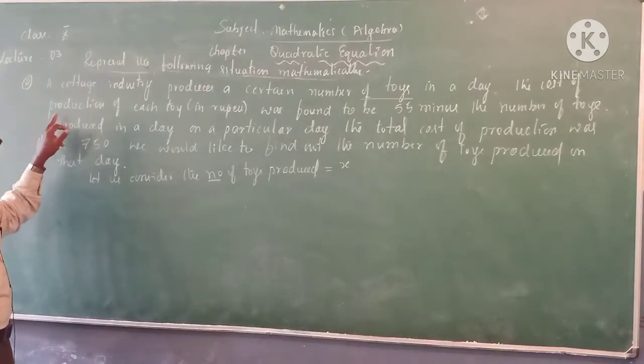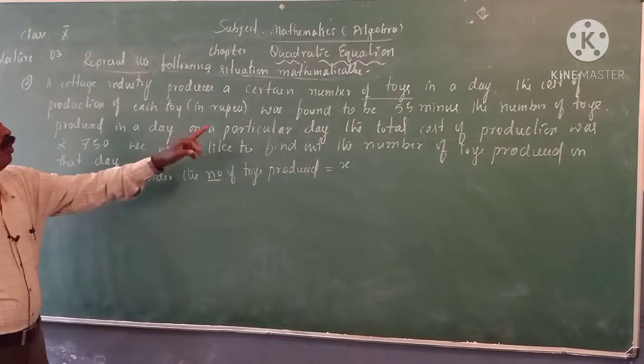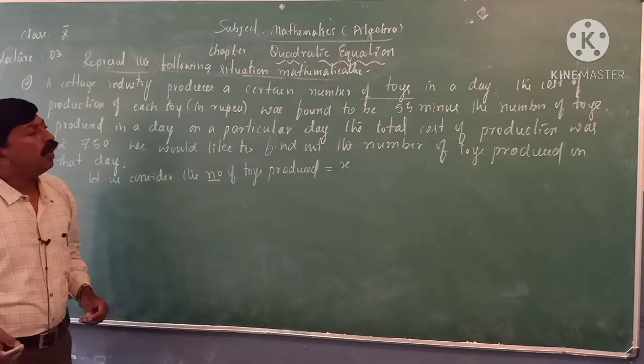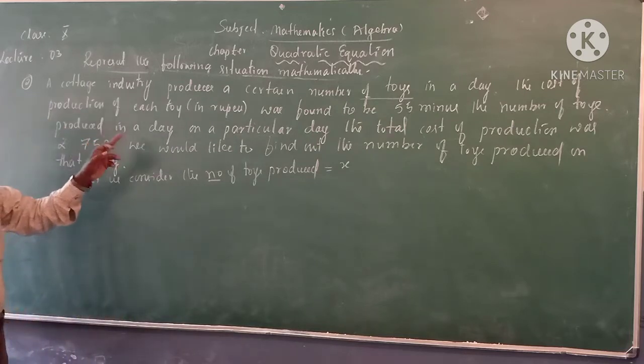Now, the cost of production of each toy was found to be 55 minus the number of toys produced on a particular day.